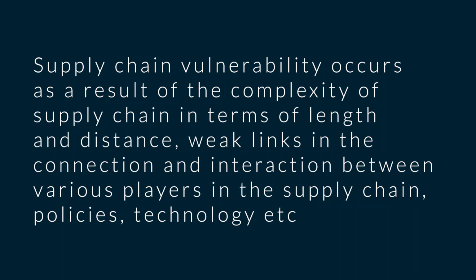Supply chain vulnerability occurs as a result of the complex supply chain in terms of length, distance, weak links in the connection, and interactions between various players in the supply chain, policies, as well as technologies. All that is going to be the problem.